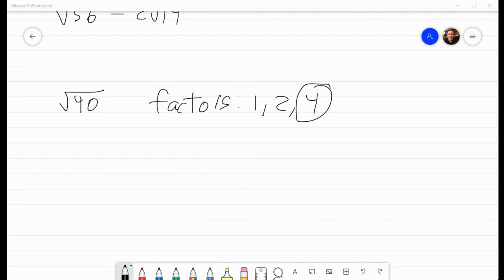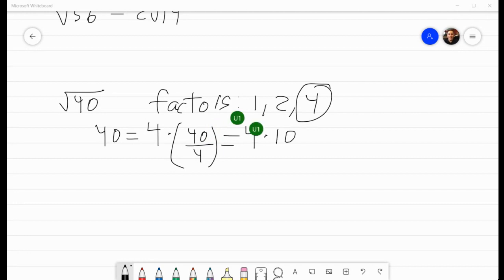So it's not simplified. We simplify it. We get 40 is 4 times, I mean, technically you do 40 over 4. You can skip that step on an exam or something. I just like to show all the steps. So we get 4 times 10.